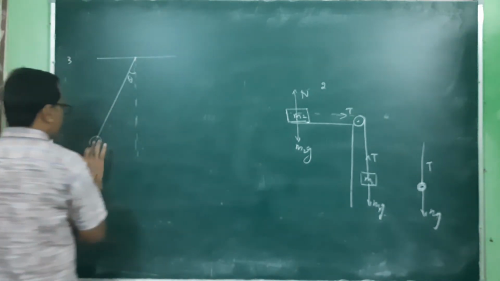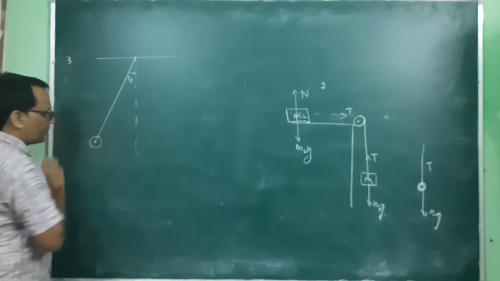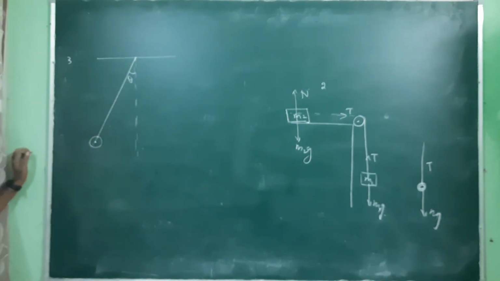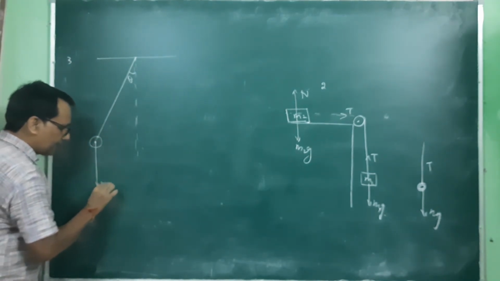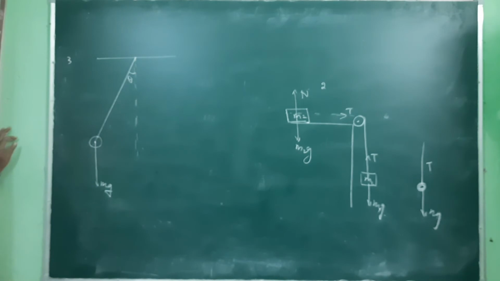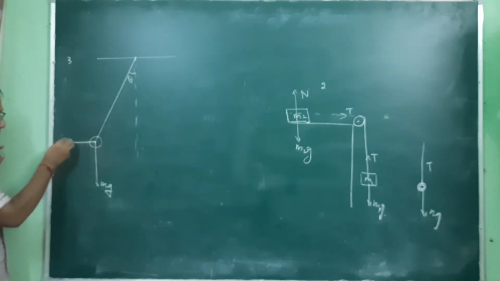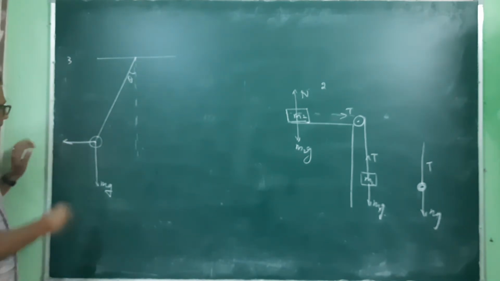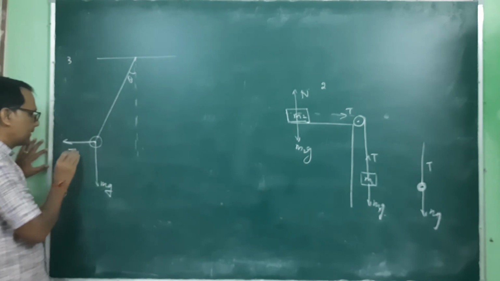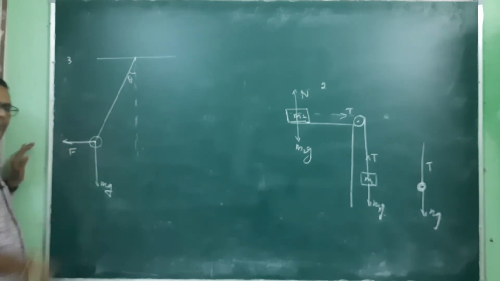So what will happen here? Now let us talk about the different forces. Here this force is mg. And initially we are just pulling this toward this, so that force we are pulling at equilibrium. Let's say this is the force F.